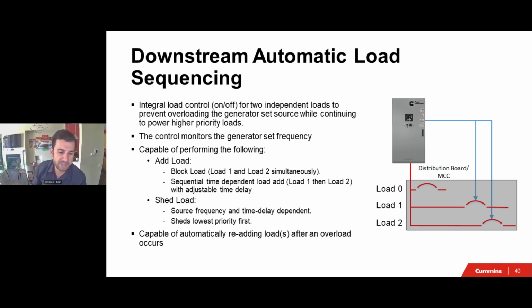You connect that to an MCC, for example, and stagger some of the loads. And you can do load add or shed. And again, those are for loads connected downstream of that transfer switch itself. So some of these features can be built into the control itself to sequence these loads.